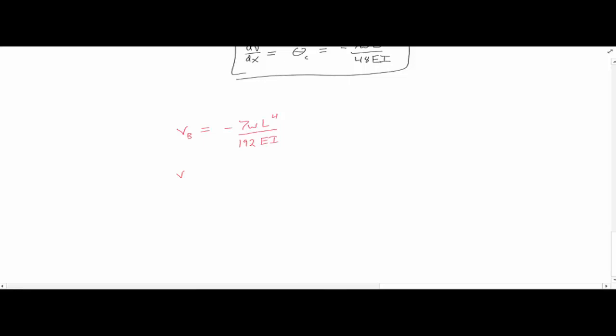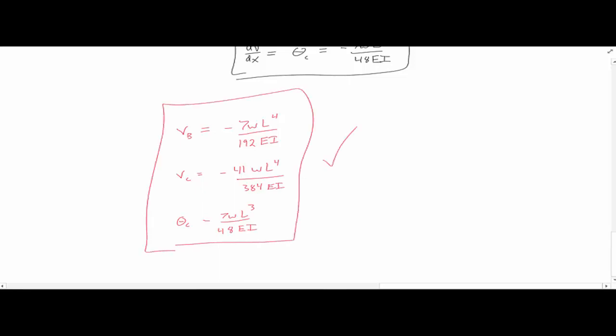Our deflection at point C then is negative 41 WL to the fourth over 384 EI. And our slope at C, we just solved for, was negative 7WL cubed over 48 EI. Okay, and these are the answers.